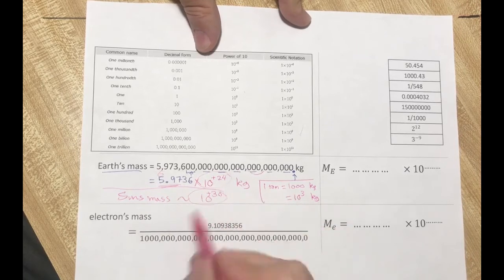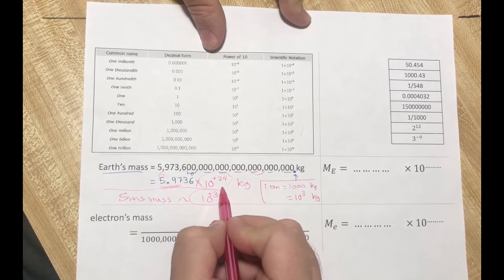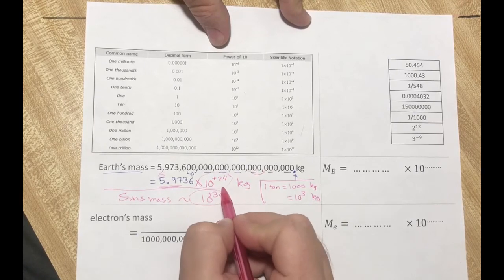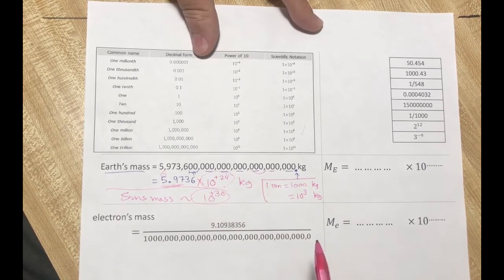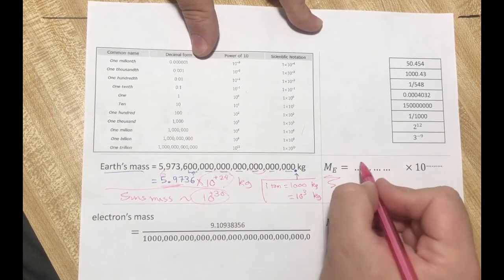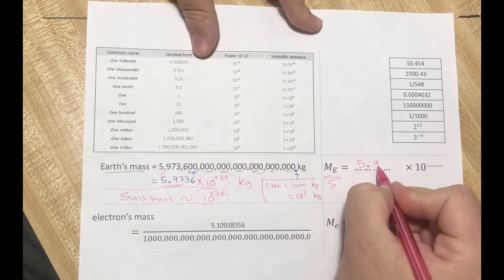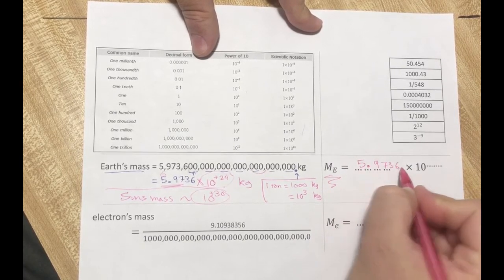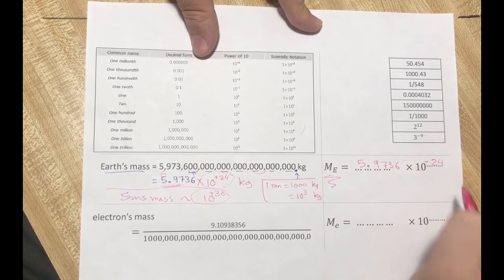It is okay, but the most important number to me is this magnitude. It makes the difference in my calculation. So the mass of Earth is equal to 5.9736 multiplied by 10 to 24 with a plus sign.